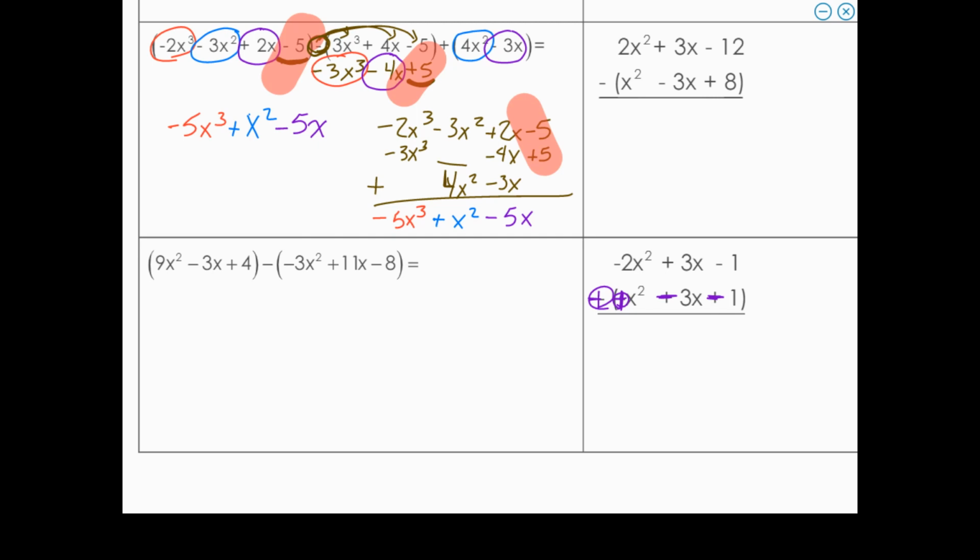So negative 2x plus x squared gives me a negative x squared. Positive 3x minus 3x, those cancel. Negative 1 and negative 1 is negative 2.